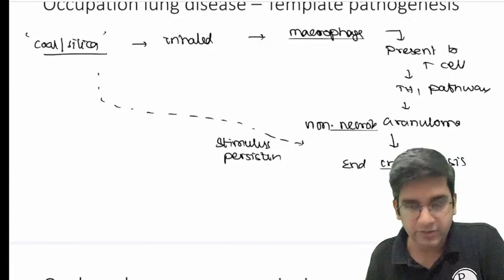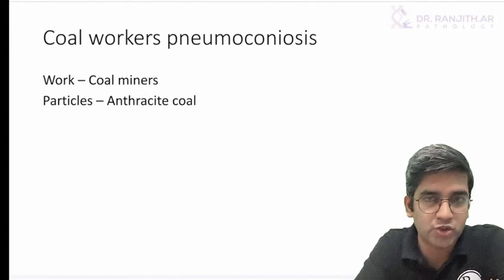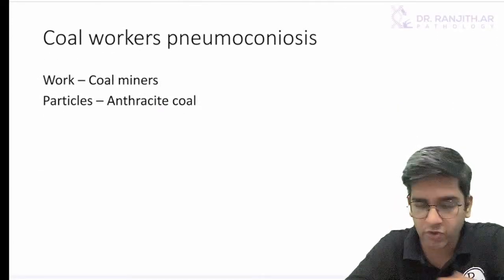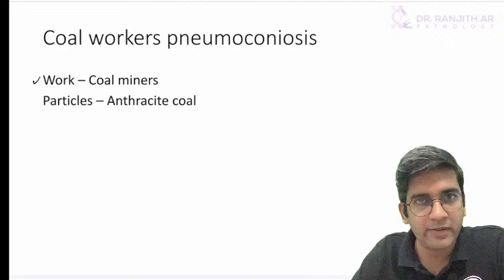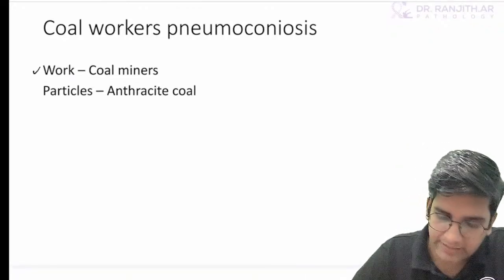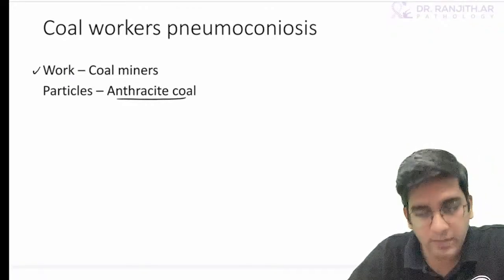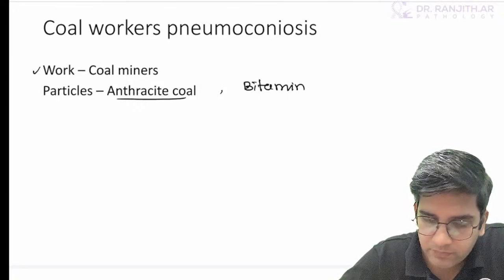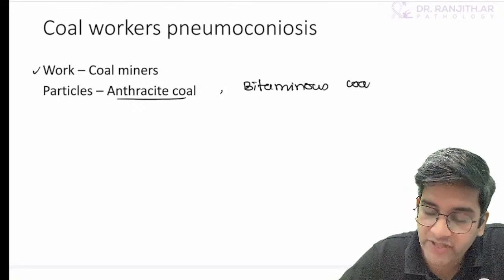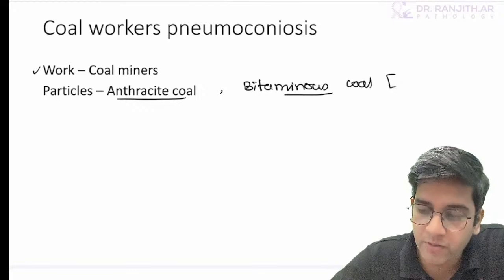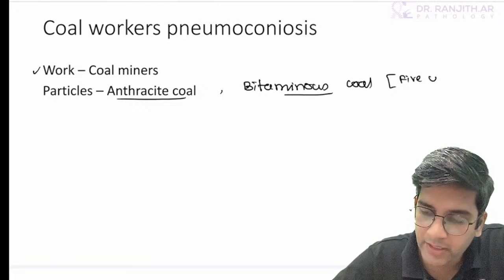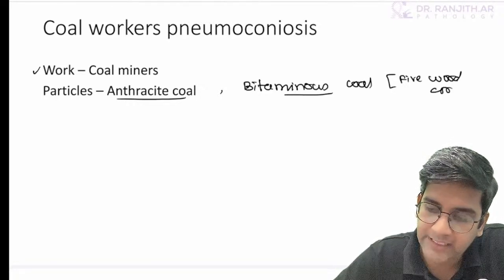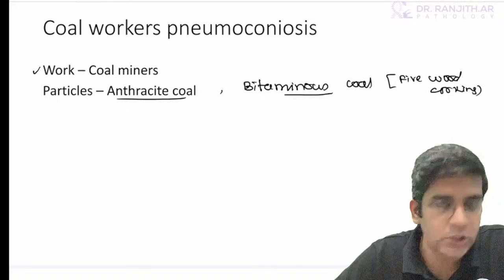So I know the template pathogenesis, then we go for coal workers pneumoconiosis. In coal workers pneumoconiosis, the work is coal mining, obviously. Particle, I have anthracite coal. There's one more type of coal, if you want, you can add it: bituminous coal. Bituminous coal is not seen in coal workers pneumoconiosis. It comes from firewood cooking. That's why bituminous coal is unrelated to coal workers pneumoconiosis.